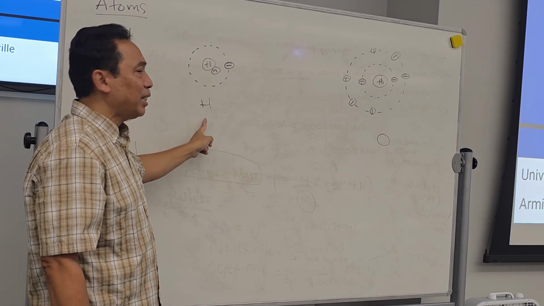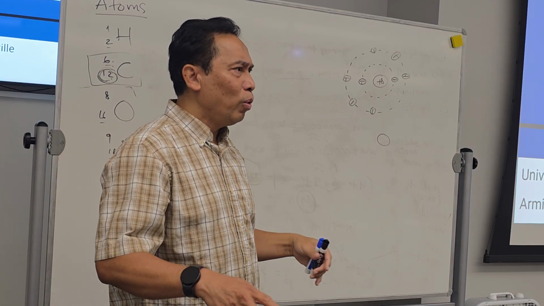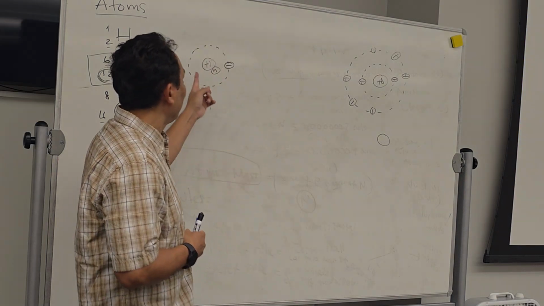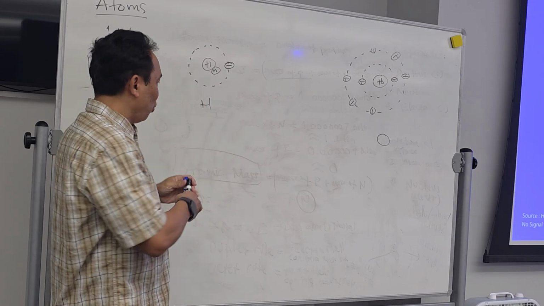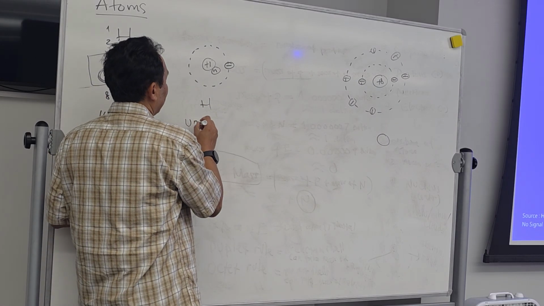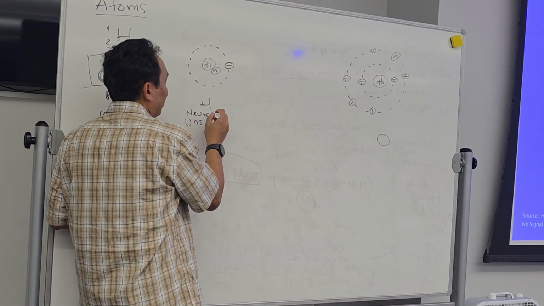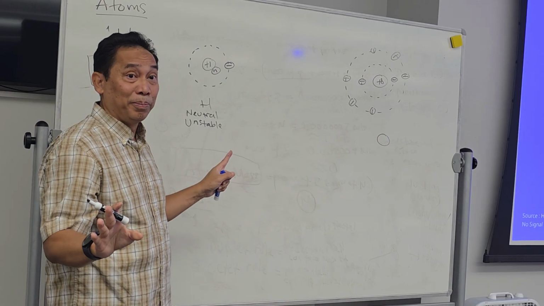It means that this hydrogen is actually not stable. It always wants to bind with other atoms in order to make 2, because that's the rule. So we can say this is unstable. Of course, this is neutral, right? This is neutral, unstable. Are you with me?